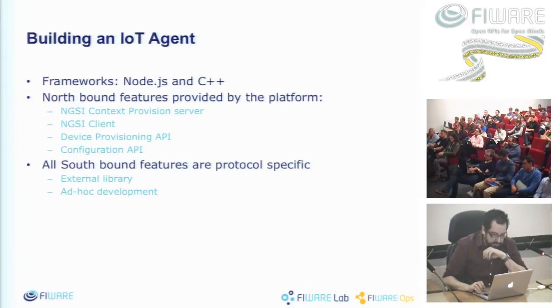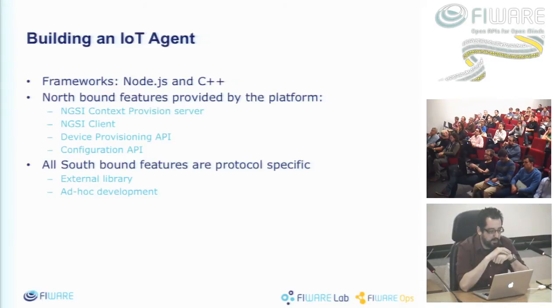And just to finish, some hints about how to build an IoT agent. The idea we had in mind when we started developing the IoT agent mechanisms was to provide some frameworks to let you create your specific IoT agents, or IoT agents for different protocols that we do not support. To this extent, we currently offer, or will offer this month, two frameworks.